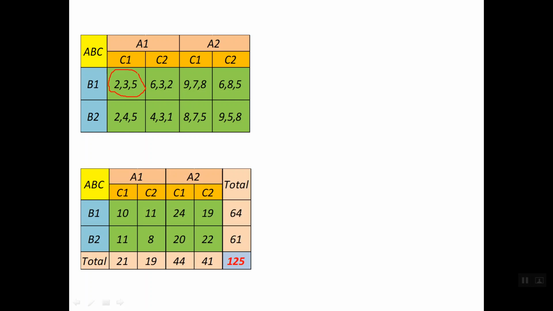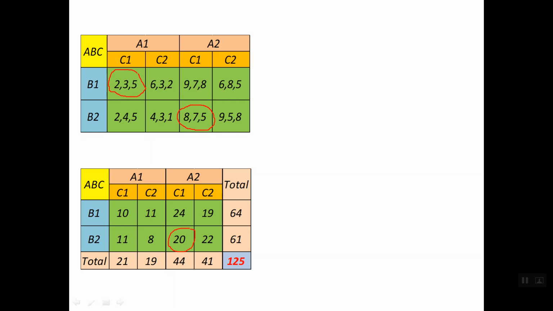So by summing up all the observations in each group in the same manner, we get the table here. For example, here the number 20 represents the total of the observations for the group A2, B2, C1. And the number 20 simply comes from the raw data in the above table, A2, B2, C1. These are the data.